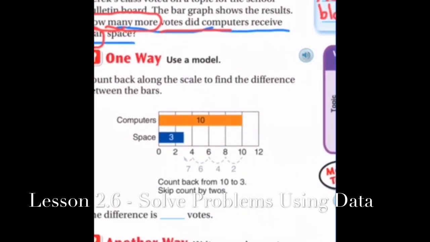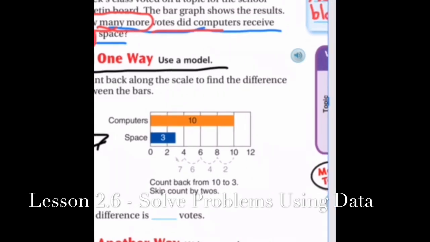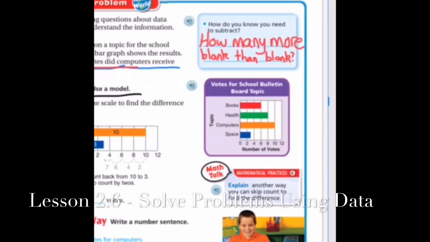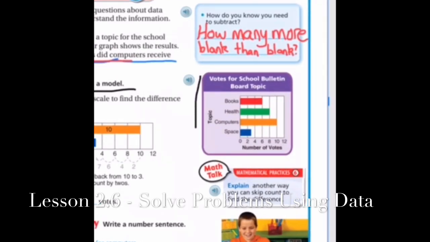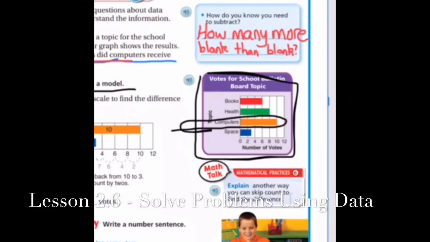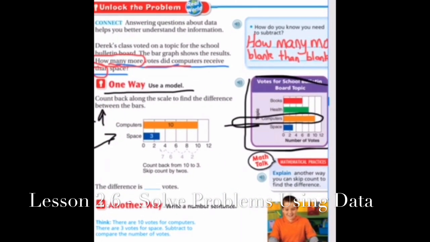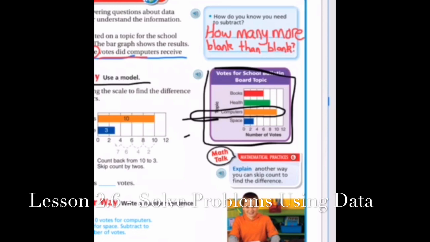Let's look at one way, using a model. Here we've drawn a small model of a bar graph. It says to count back along the scale to find the difference between the bars. Computers, if we look at the bar graph, is 10, and the other question was about space, and space has 2 or 3, looks like.